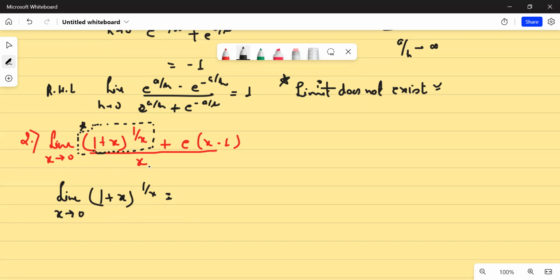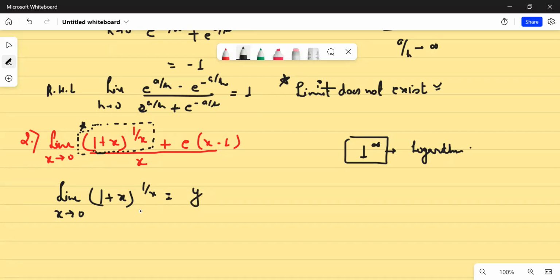But now you have this divided by x also here. Okay, so what I will suggest is try to solve it in a way, like what I've told you, that whenever you have this 1 raised to power infinity form, you can use logarithm. This is what I will suggest. You can use logarithm. Okay. So what I'll do, I'll write it as let's say y.